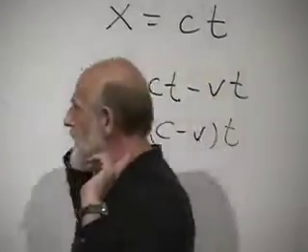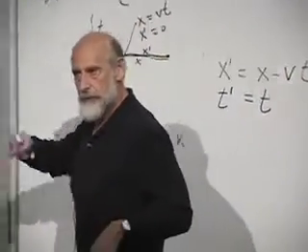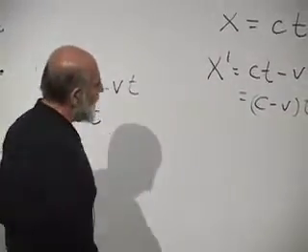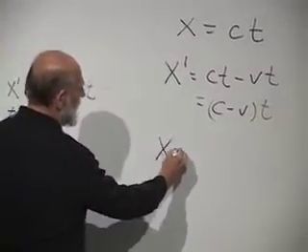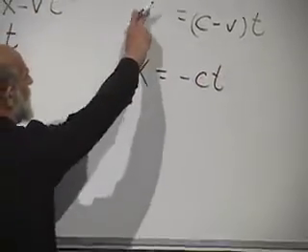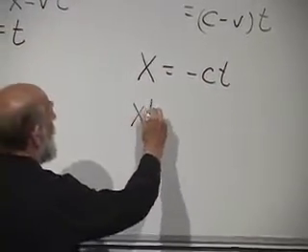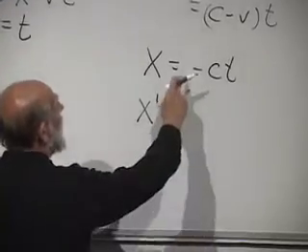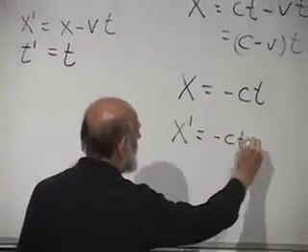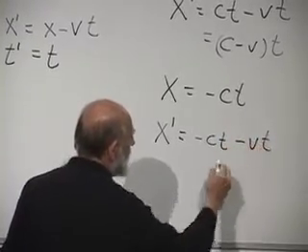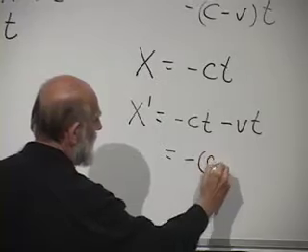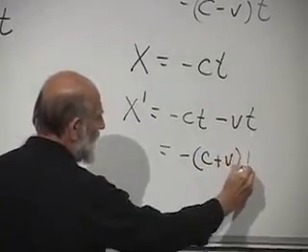What about the light going in the other direction? Supposing it was a light beam going in the other direction, then how would you describe it? You would describe it as x equals minus ct. And if I do exactly the same thing, I will find that x prime is equal to x, that's minus ct, minus vt, which is the same as minus (c plus v) times t.